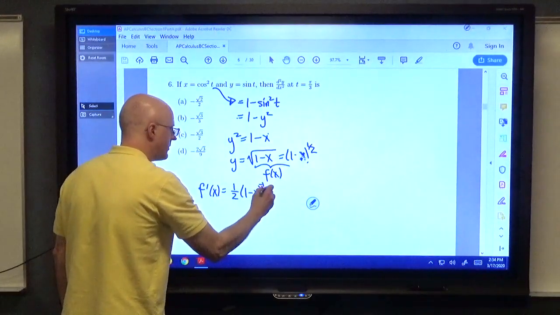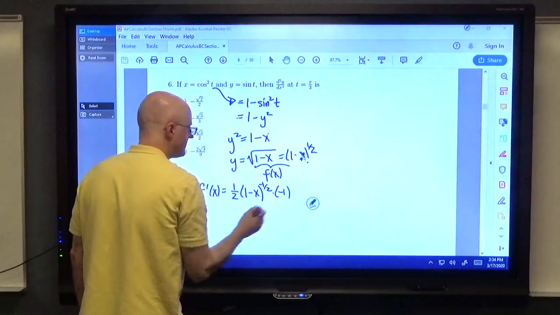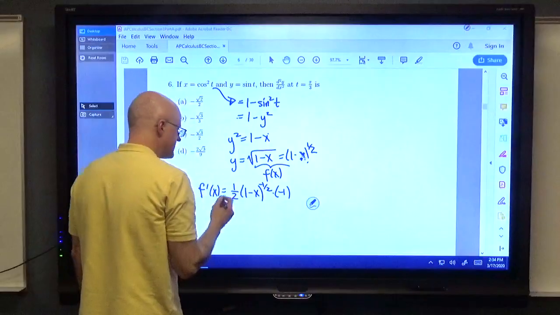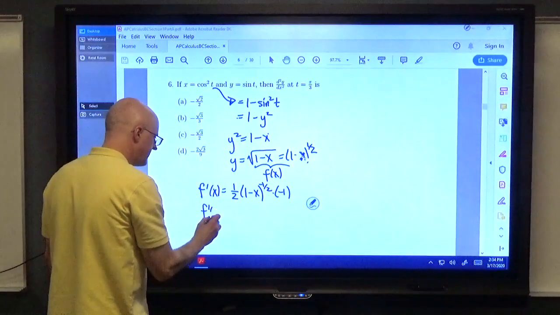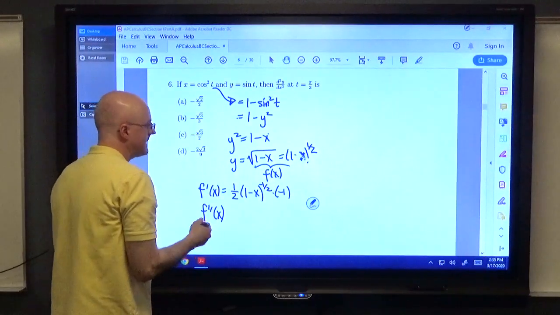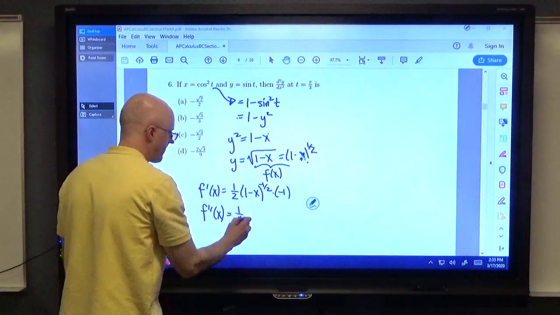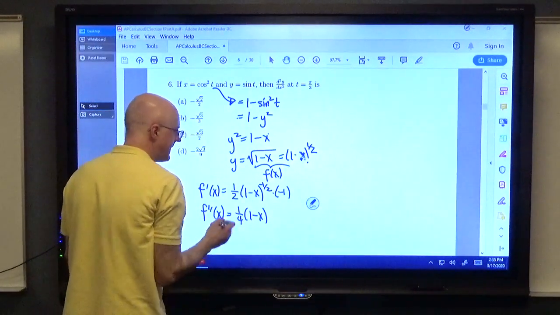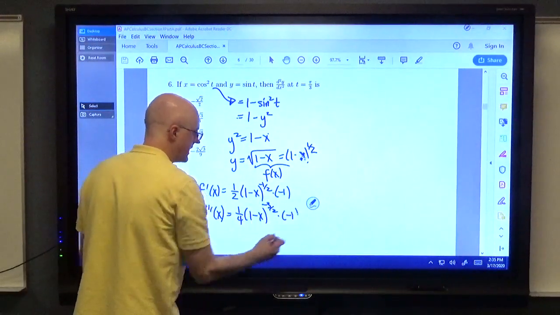Subtract 1 from the exponent. Chain rule, multiplied by the derivative of 1 minus x is -1. So this is -1/2, 1 minus x to the -1/2 power. The second derivative is going to bring down the -1/2 there. -1/2 times -1/2 is positive 1/4. 1 minus x, -1/2 minus 1 is -3/2. You get another -1 because of the chain rule again.